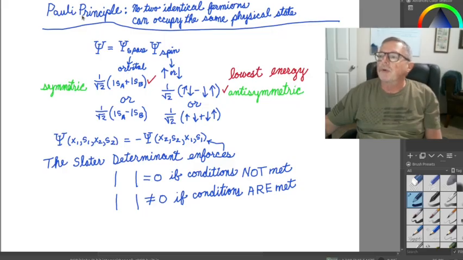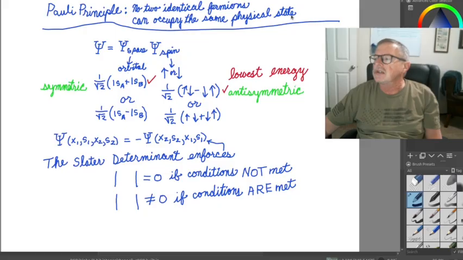Here's the Pauli Principle. No two identical fermions, and an electron is a fermion, can occupy the same physical state. So since we're just talking about electrons and no other fermions, then we're talking about identical fermions. So here we have to define state.